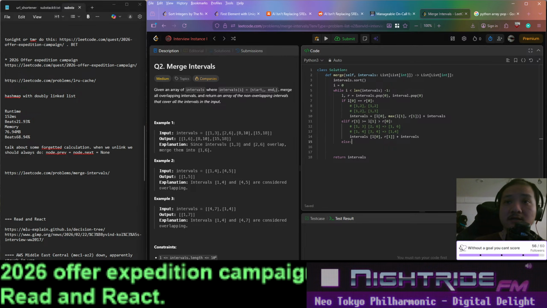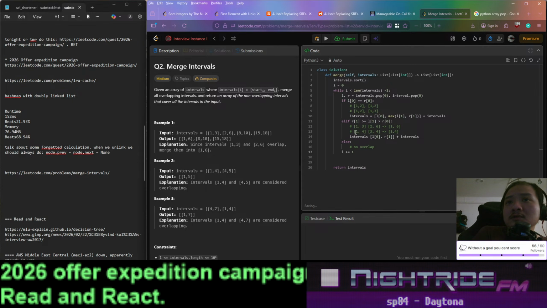Otherwise, no overlap, then we simply check the next one, so this is i plus 1. If there's overlap, we already pop them and insert them.